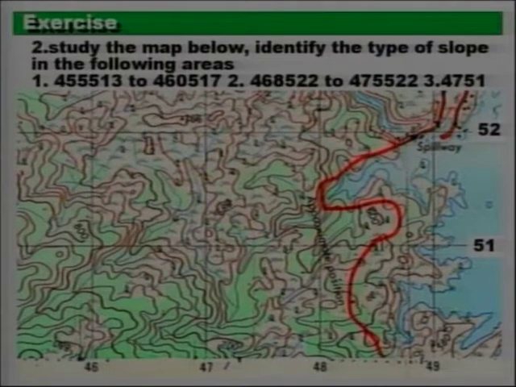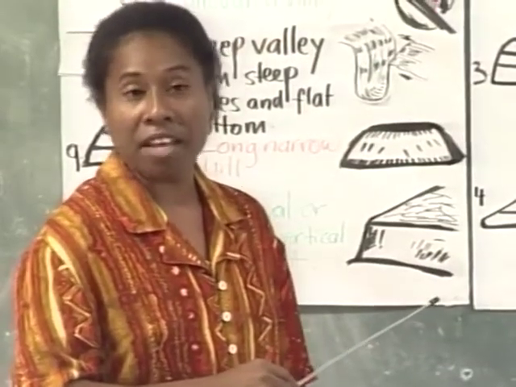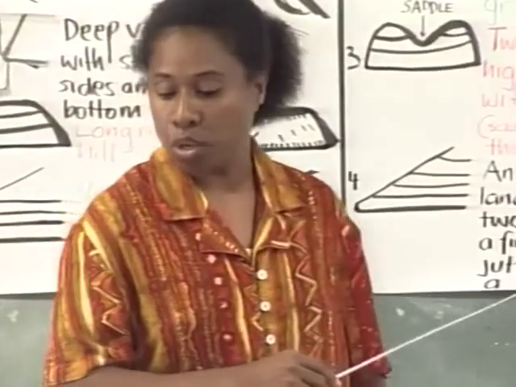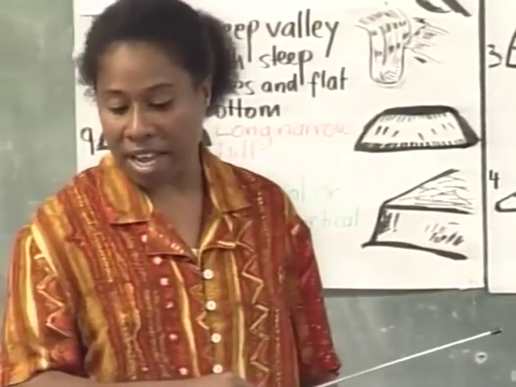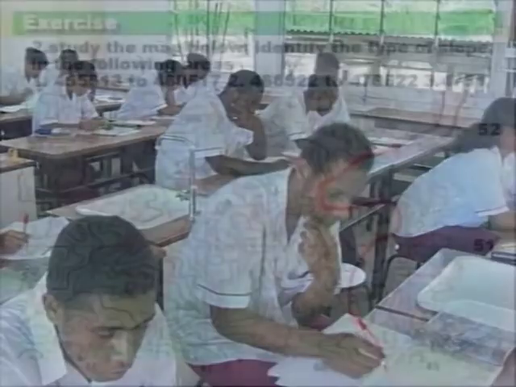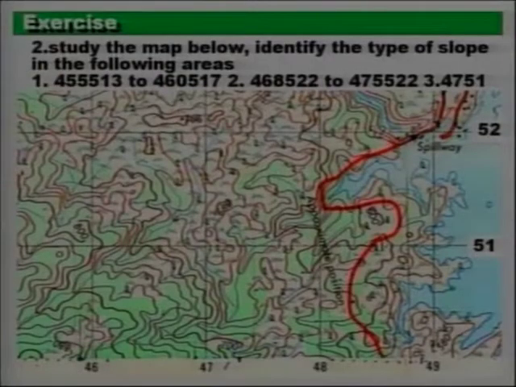Okay, good. Let's look at the second of the questions for homework. This time it is 468522, that's the starting point, to 475522. What would be our answer? Christopher, what is your answer for the type of slope that you will find in the grid reference 468522 to 475522?